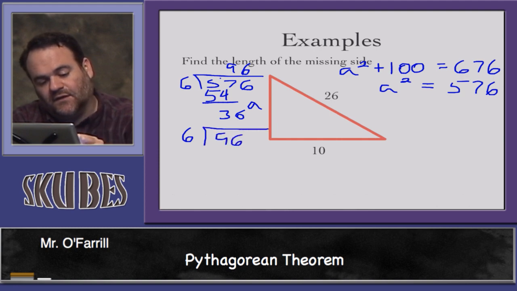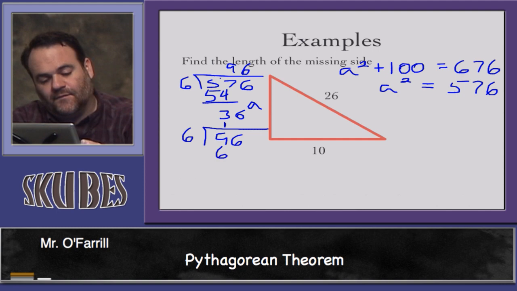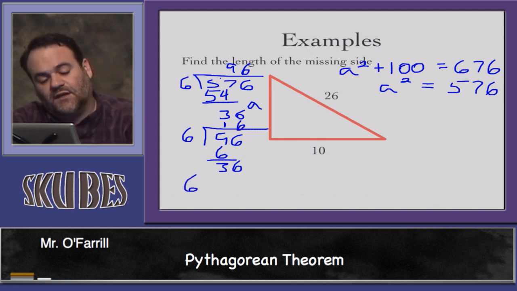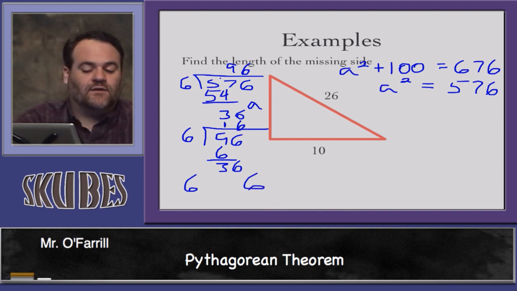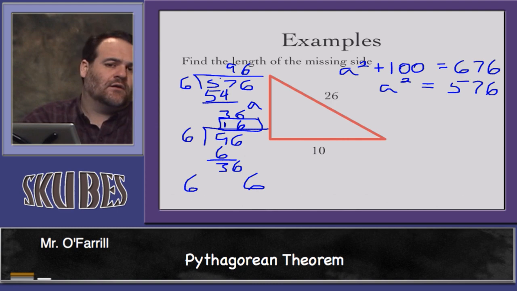Let's try 6 again and see what happens. We're going into 96. 6 goes into 9 just the one time. And 6 goes into 36 6 times. So we already know that the number 6 goes in there twice, and apparently it's 6 times 16. Well, what's 16?